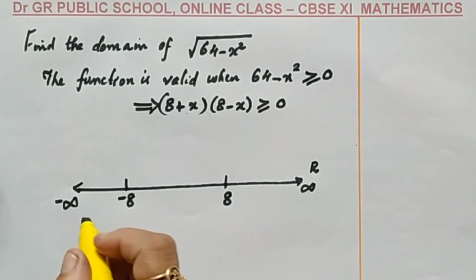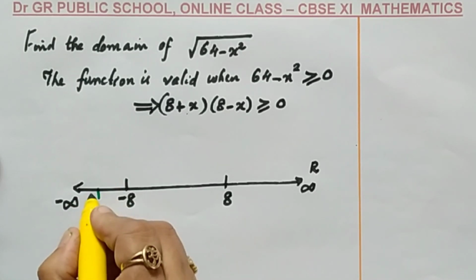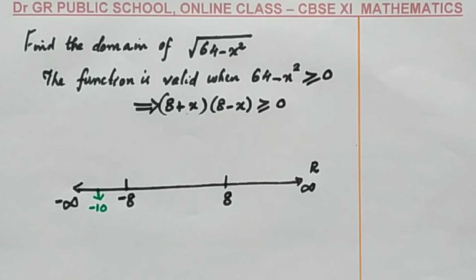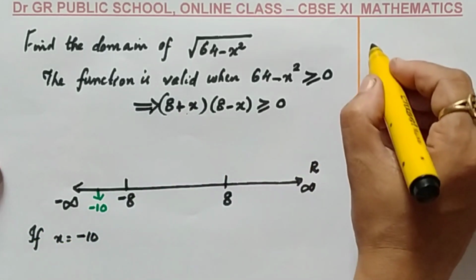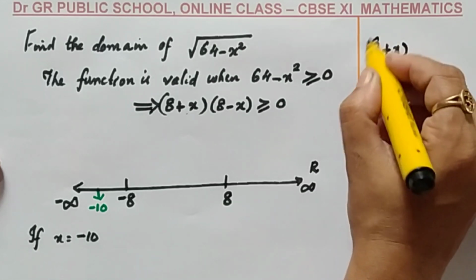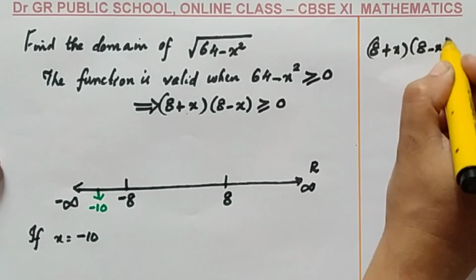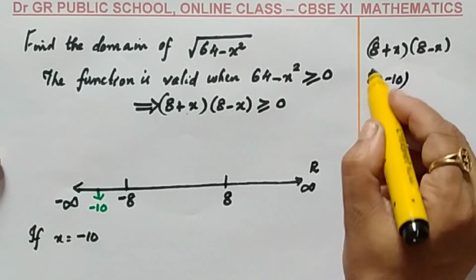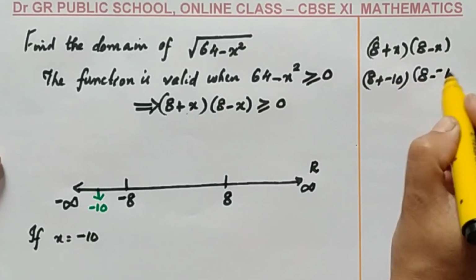Okay, I am going to take an element in this subinterval. Let it be minus 10. If x equals minus 10, what happens to this function? Your base function is 8 plus x into 8 minus x. When x equal to minus 10, 8 plus minus 10 into 8 minus minus 10.